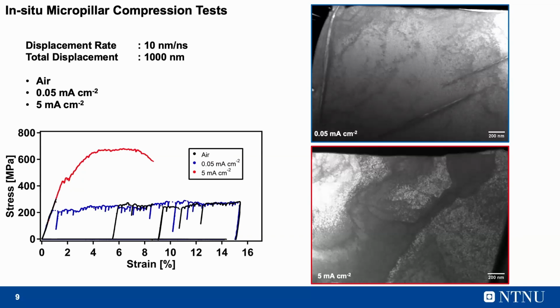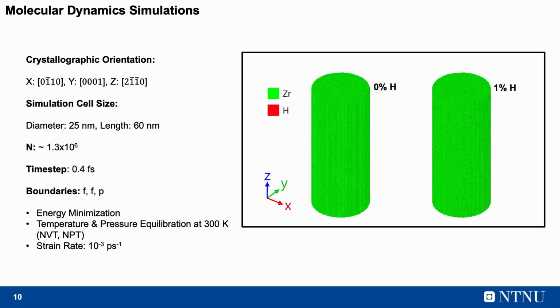After that, we also performed some molecular dynamics simulations to better understand the behavior of this prismatic slip under the effect of hydrogen. In that case, instead of titanium, due to the availability of interatomic potentials, we used zirconium and hydrogen. But zirconium is highly similar to titanium in terms of crystalline structure.